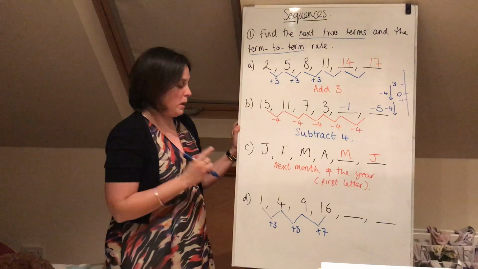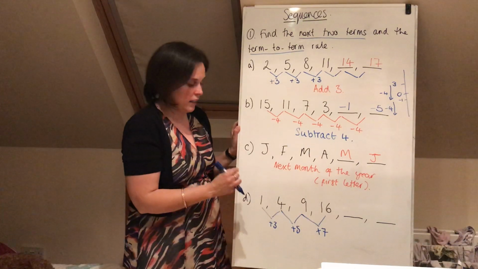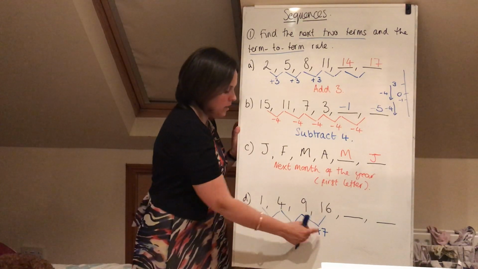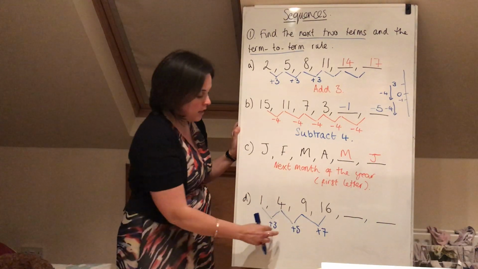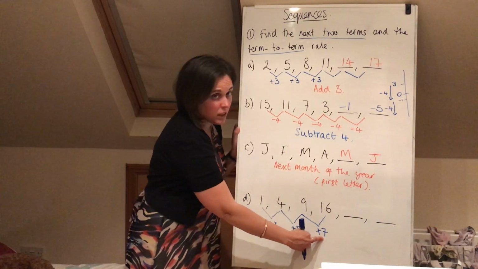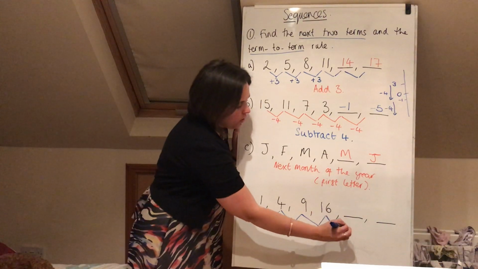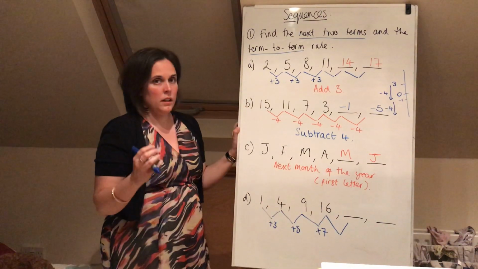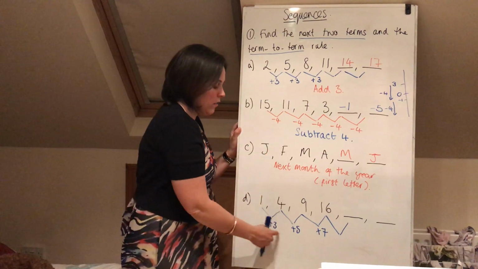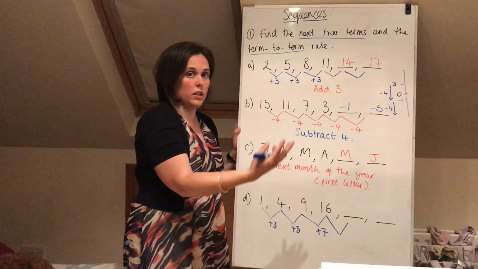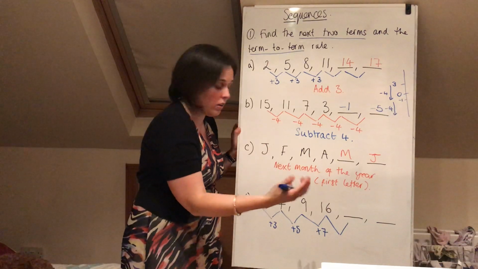Now there might not be a pattern here directly, but look at these numbers, 3, 5, 7. They're actually the odd numbers. There's a difference of 2 between each of those. So if we're following that same pattern, 3, 5, 7, the next number would be 9.